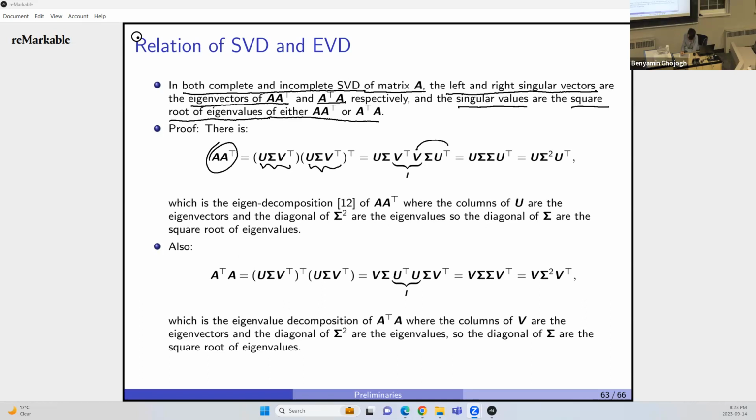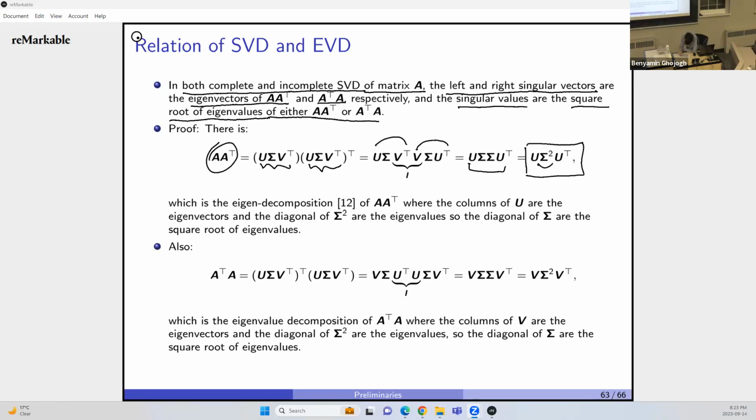So I will have V sigma U transpose. Interestingly, I have V transpose V in between, which is identity. It goes away. It simplifies to U sigma sigma U transpose. What is sigma sigma? It is sigma squared. So you have U sigma squared U transpose.